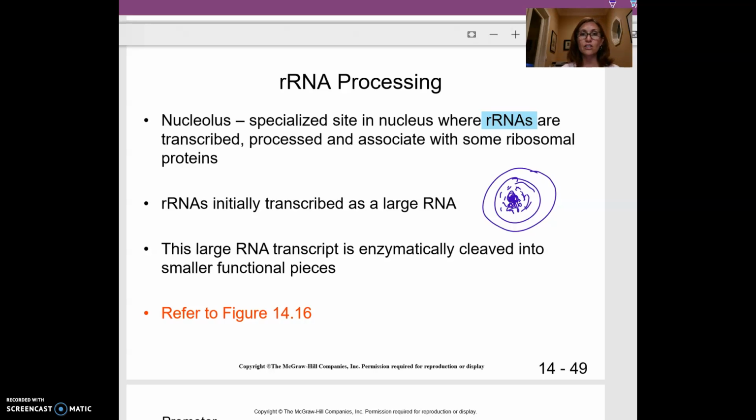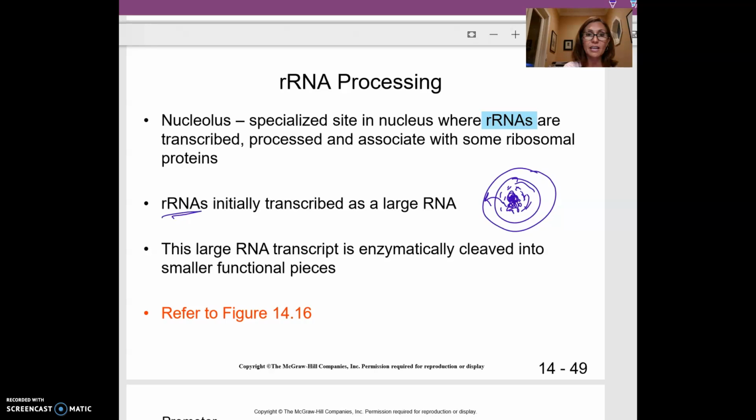That nucleolus is where ribosomal RNA is being transcribed and being cut up into the ribosomal subunits. The subunits are prepared to exit out into the cytoplasm where they fold up into their ultimate structure.